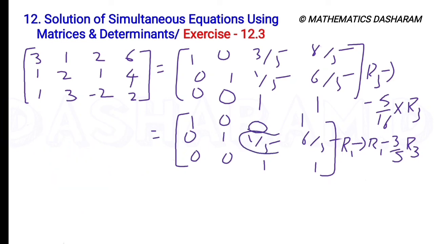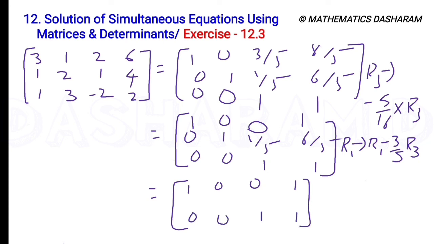Now we need 0 at this place. So write the first row as it is: 1, 0, 0, 1. Last row as it is: 0, 0, 1, 1. Now R2 replace with R2 minus 1 by 5 into R3.